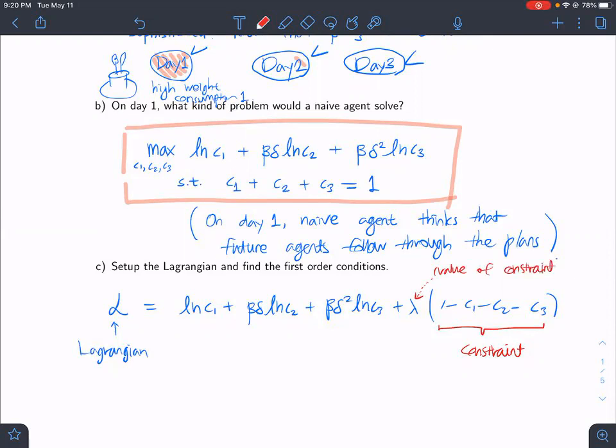You can think that there is some value of what I want to optimize versus the value of this constraint. Lambda is controlling which one is more important. And this is what I want to maximize. Any questions?